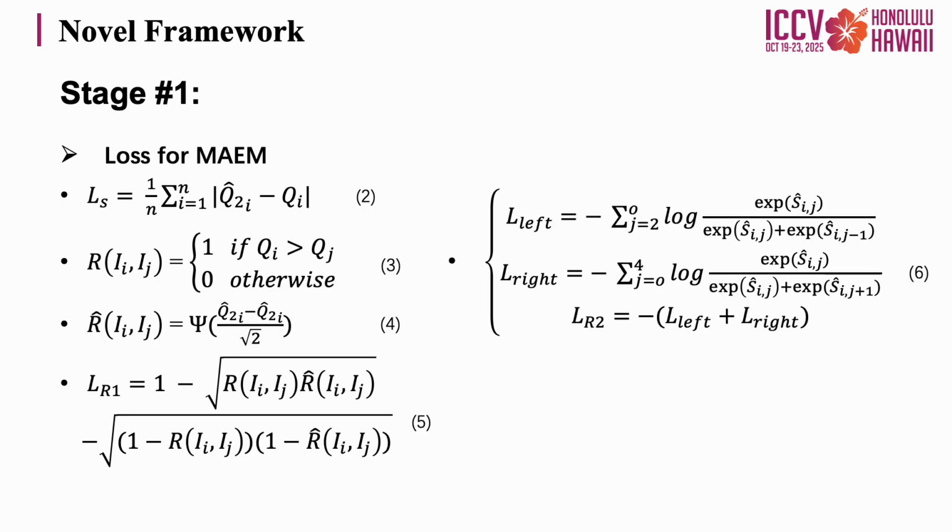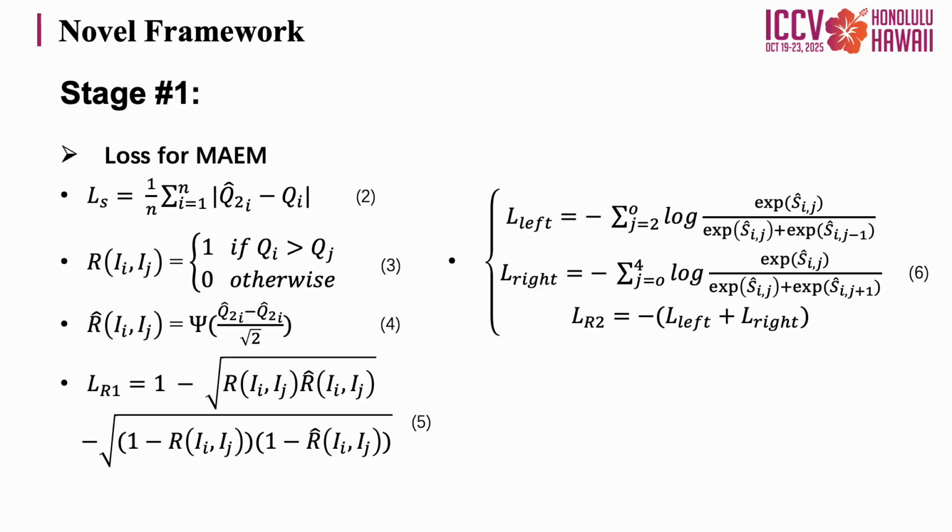The third part is LR2. For the two-direction ranking loss LR2, given an image Ii, Sij denotes the cosine similarity score of j's attractiveness level, and O denotes the attractiveness level of highest probability.